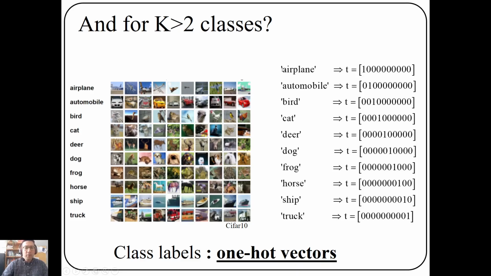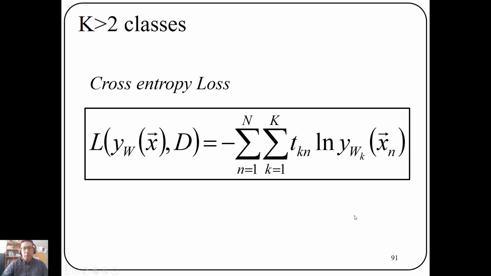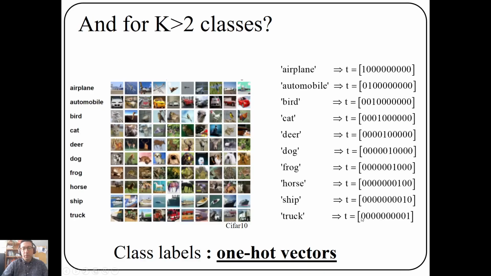Airplane is the first class, so the first element is equal to 1 for this class. The second class is automobile, so the one-hot vector associated to it is a set of zeros, except for the second position where we have a 1, because this is the second class, and so on up until the very end. Now this one-hot vector can also be seen as a probability distribution, but with a 100% chance associated to a certain class.